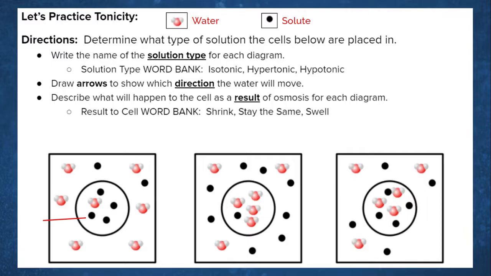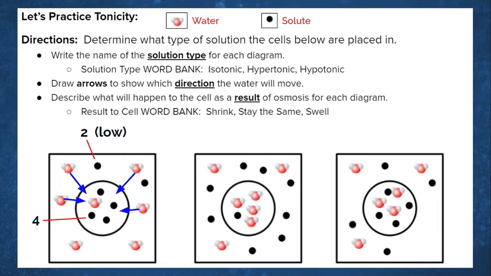So the first thing I do is I count how many black dots are inside, which I had 4, and how many dots are outside, 2. When I look at those numbers, 2 and 4, outside, which is the only one I care about, is the low number. Because it's the low number, that means that my water is going to be rushing into the cell to balance the high number of solutes that are there.